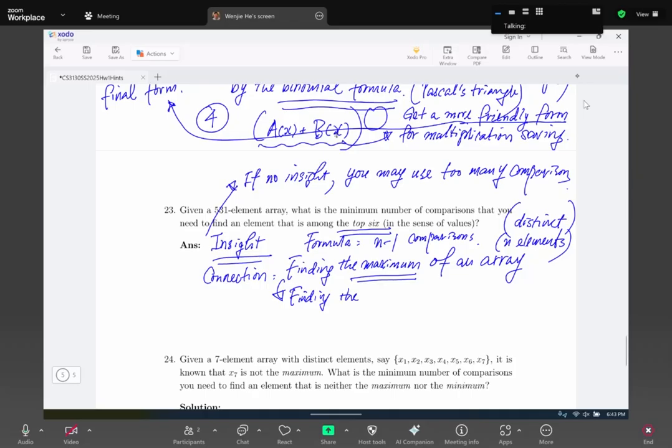So the general case, A or N, actually N, because element, right? The general case may not be only one, right? So general case M, the maximum case D element.